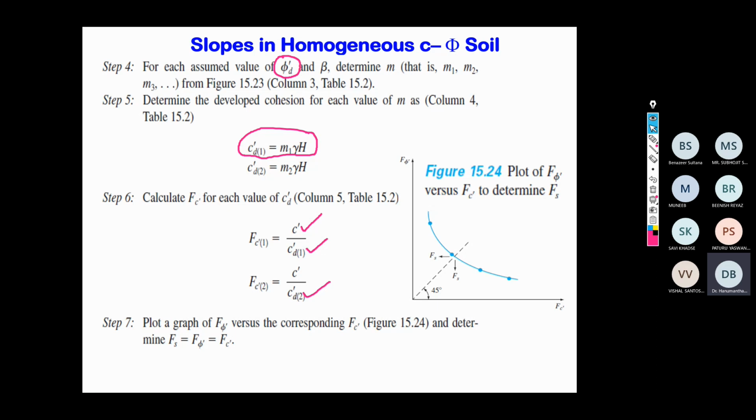One condition is that when you develop the relationship between F pi and FC, both axis values should remain the same. You cannot take non-uniform values, different values on the x-axis and different values on the y-axis. That is not possible. Both scales should remain the same. Then only can you exactly identify the factor of safety, that is Fs, as a function of the strength.